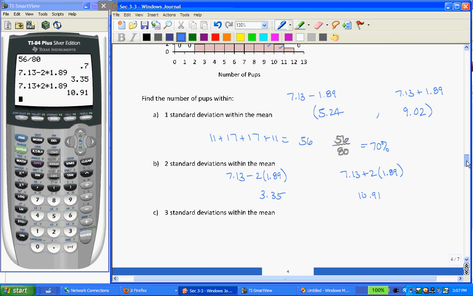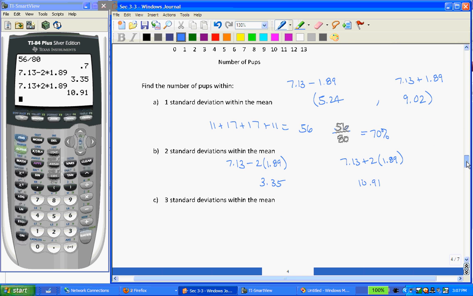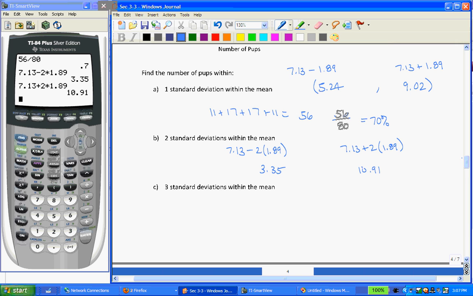Let's go ahead and find what the interval would be for 3 standard deviations within the mean. So we'll take the 7.13, subtract off 3 times the standard deviation, and we'll take the 7.13, the mean, and add on 3 times the standard deviation.